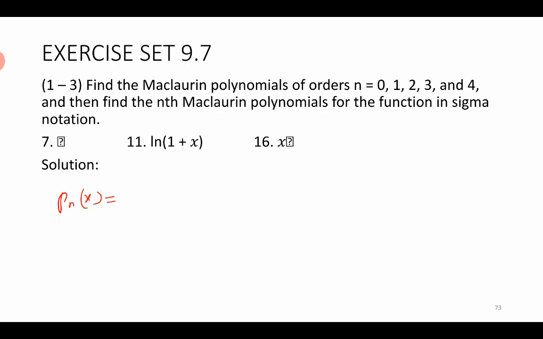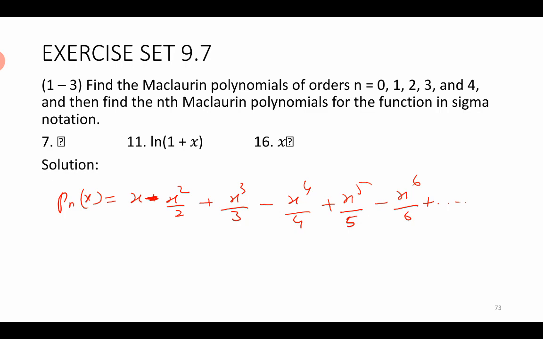You will get x minus x square over 2 plus x cube over 3 minus x raised to 4 over 4. It will go like x raised to 5 over 5, negative x power 6 over 6.